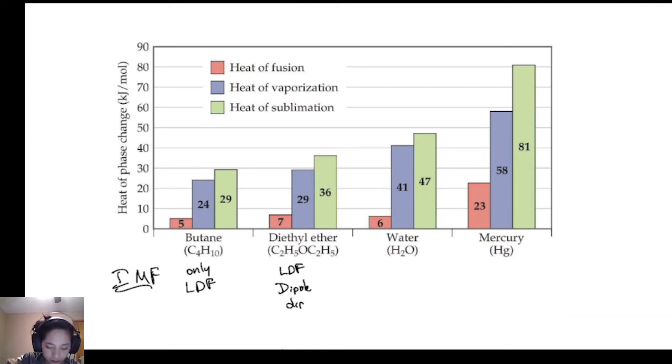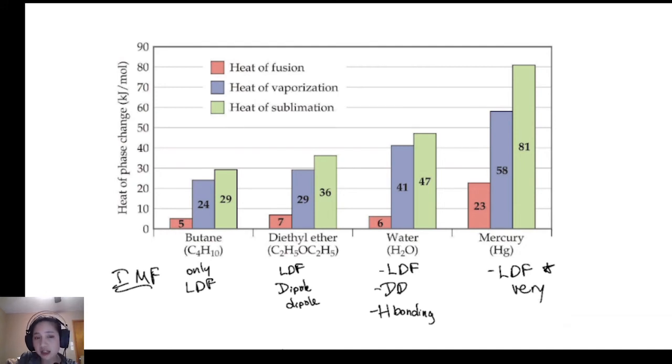Water has all three: London dispersion forces, dipole-dipole, and hydrogen bonding. And then finally, mercury has London dispersion forces, and they're very, very strong because mercury is a very heavy element.